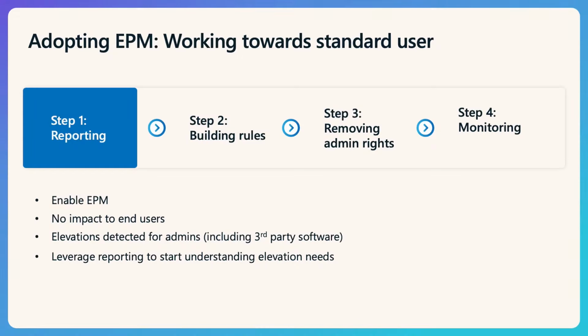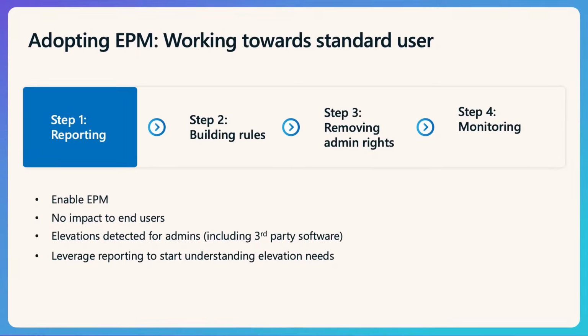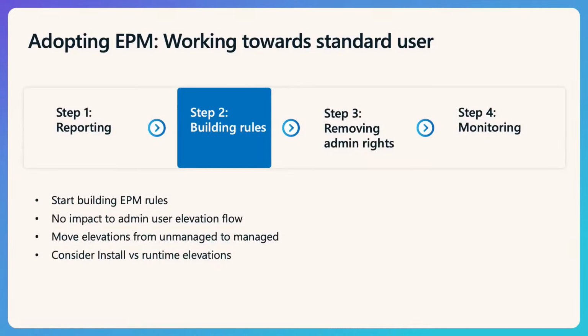And you can leverage the reporting inside our EPM solution to start understanding what kind of applications need elevation inside your environment, so you can start creating rules for it. And that goes into step 2, actually building the rules. Once you start building the rules, it still has no impact on the workflow unless you move elevation from unmanaged to managed. So going from audit mode to enforce mode.